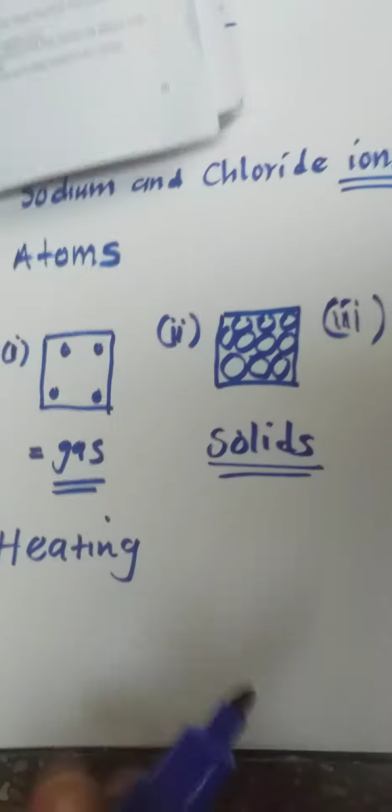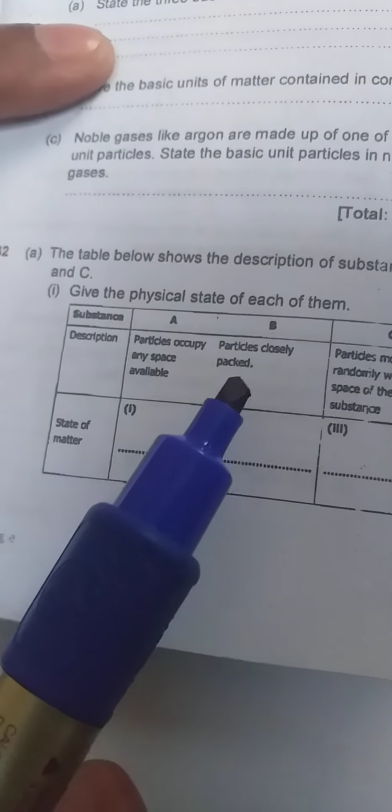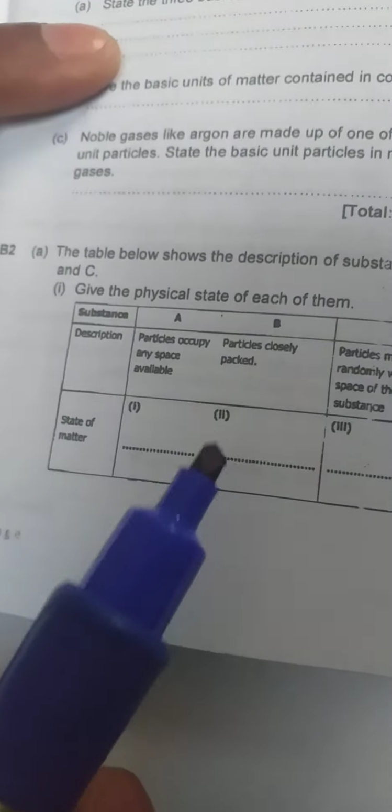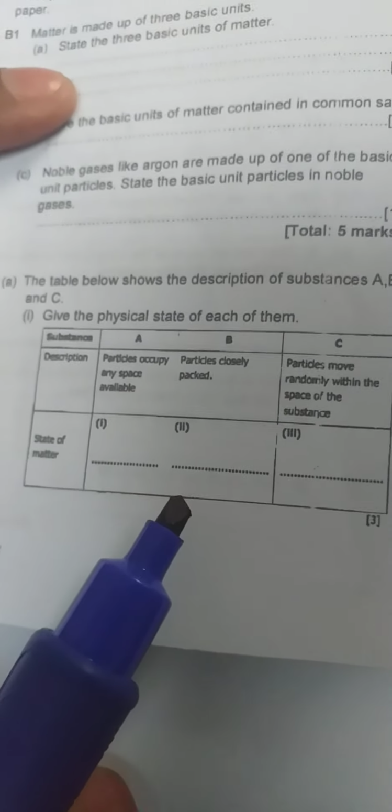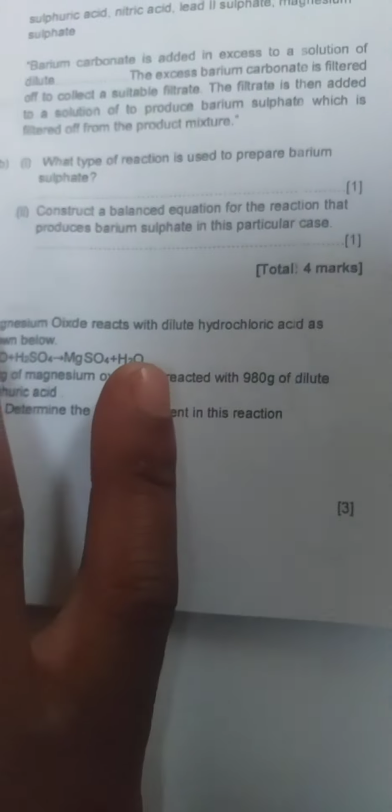Remember from the table that I showed, from the descriptions, you will see that B, where particles are closely packed, was a solid. So they're asking, if B is a pure substance, how can you prove it? What characteristic proves that B is a pure substance?